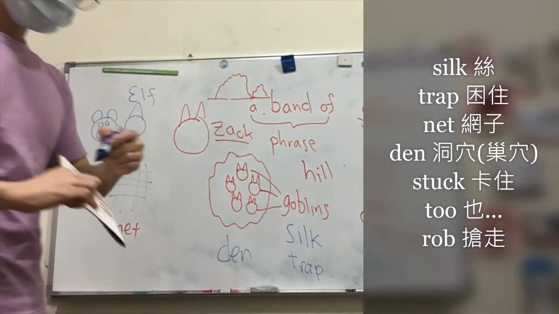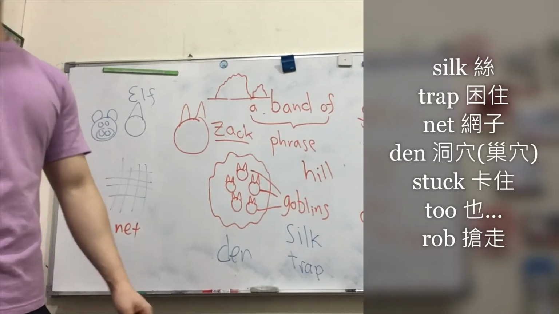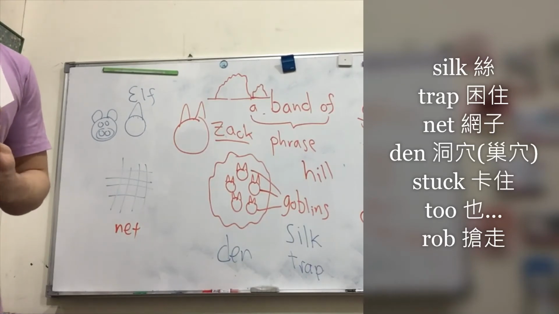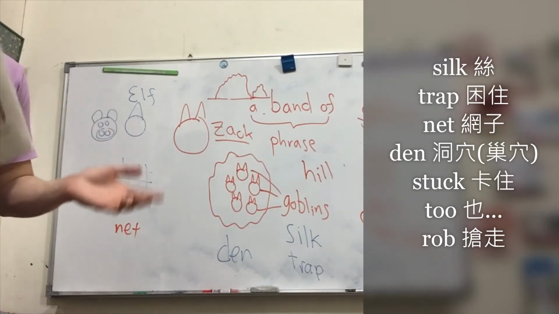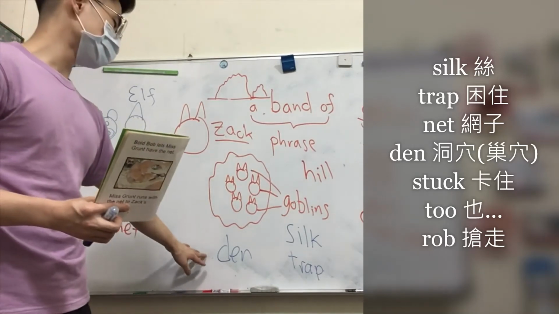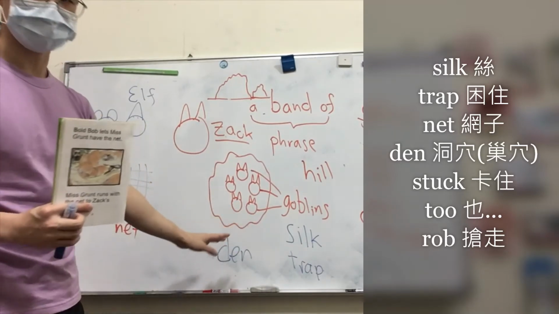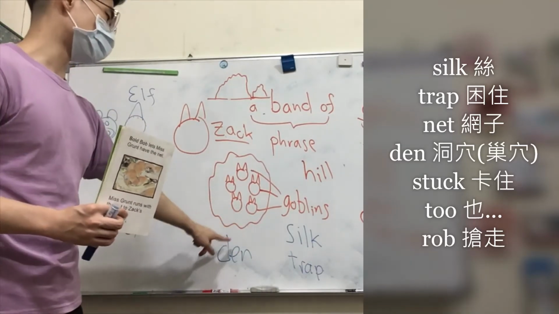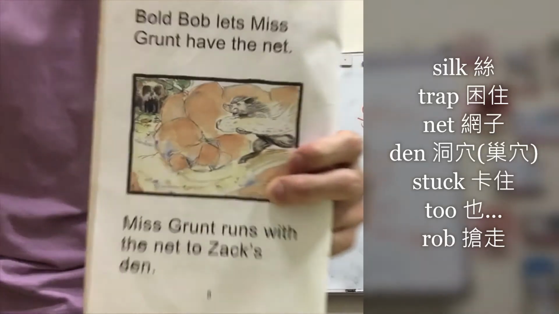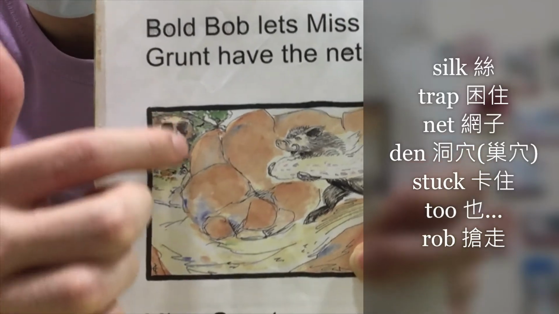D-E-N. So the new word here is the word den. What is the meaning of the word den? Den is like a house. A den is the house where the goblins live. As you can see in the picture here, this is a den.